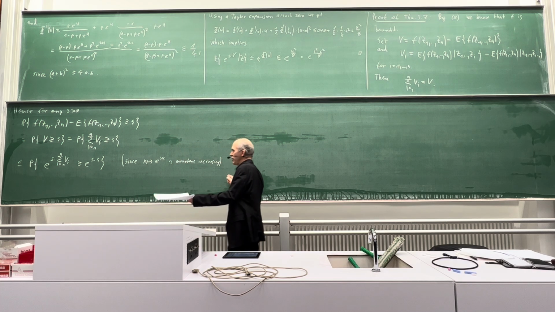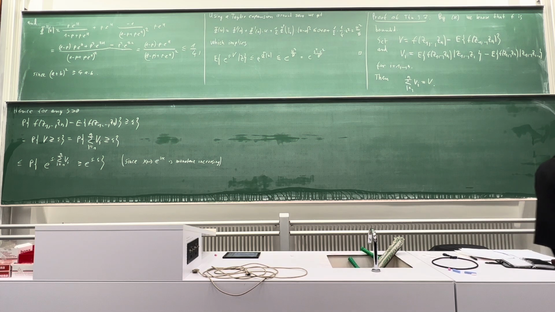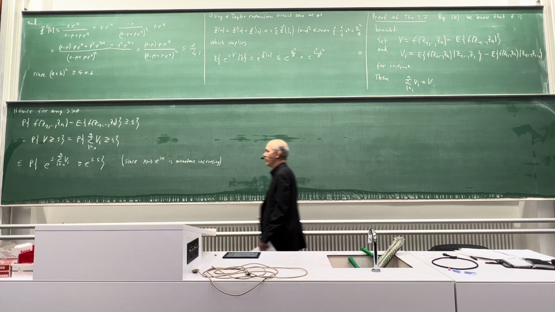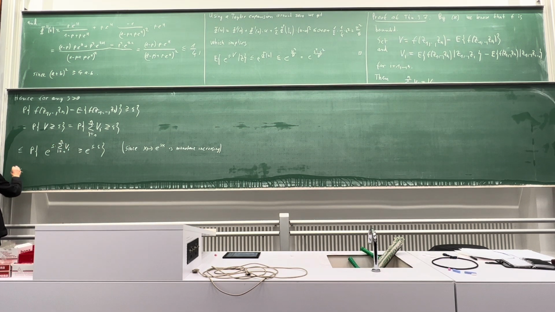All the exponential functions are monotone increasing, and the multiplication by s doesn't change anything. You get the same arguments. Now you use the Markov inequality.